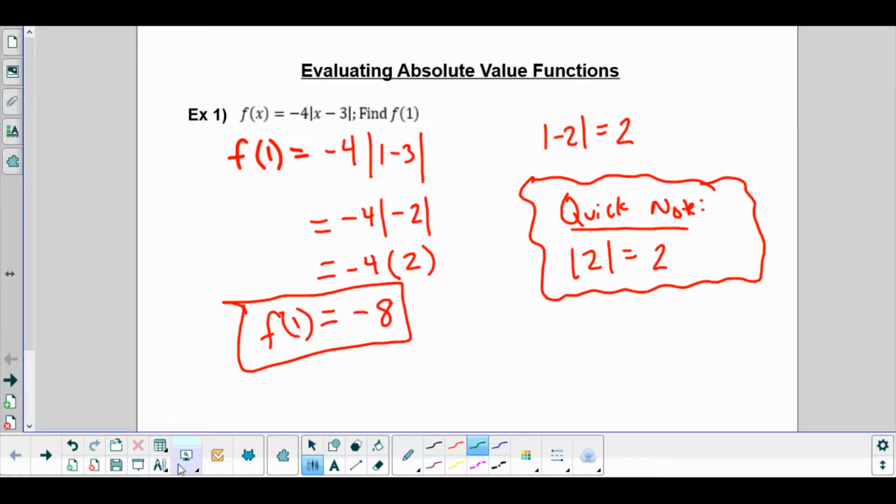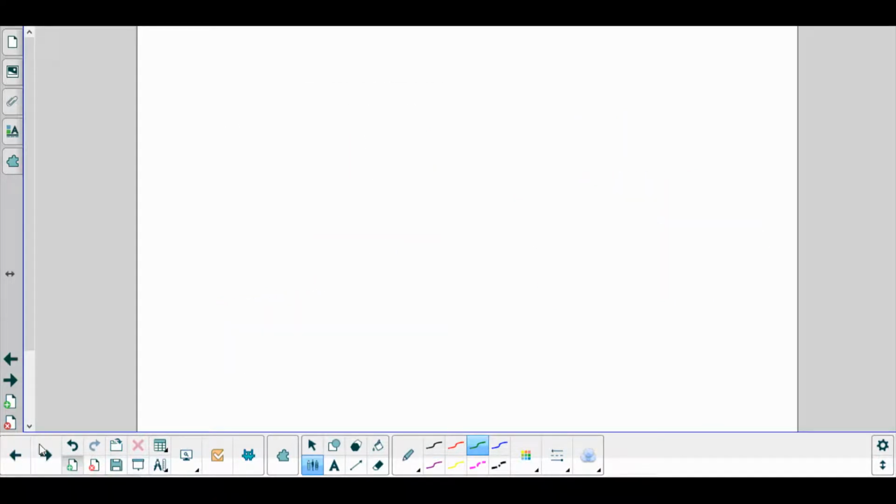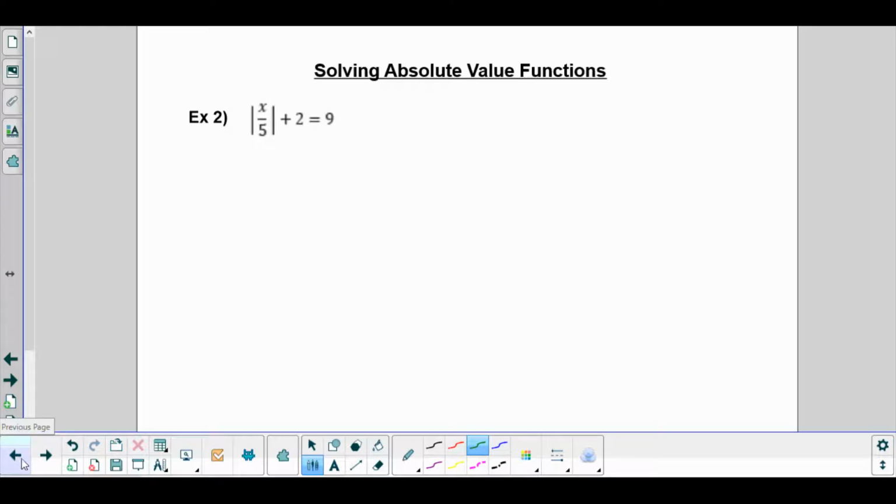The next part of your homework is going to ask you to solve. And when solving, your goal is to get what's in the absolute value all by itself.